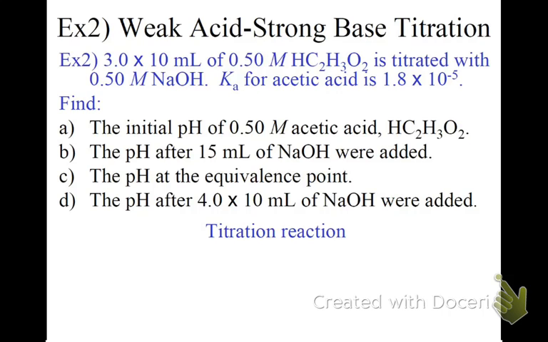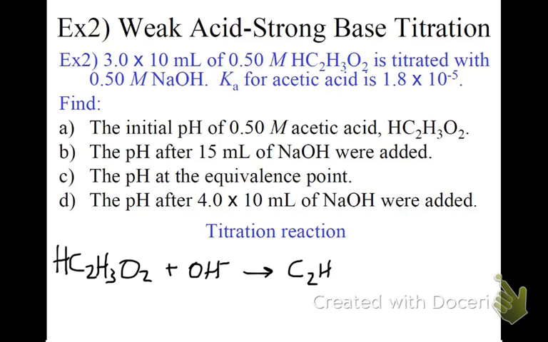So the titration equation, what's happening during the titration is we have acetic acid, which is HC2H3O2, and that's going to be reacting with hydroxide. You should be familiar enough with strong base, weak acid reactions to know that that's going to produce acetate, C2H3O2 minus, plus H2O.